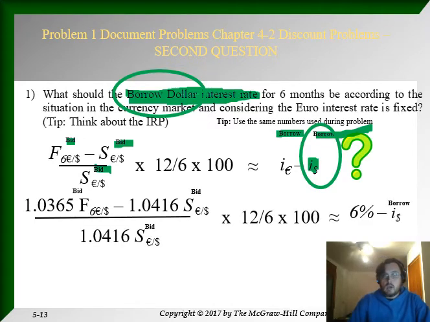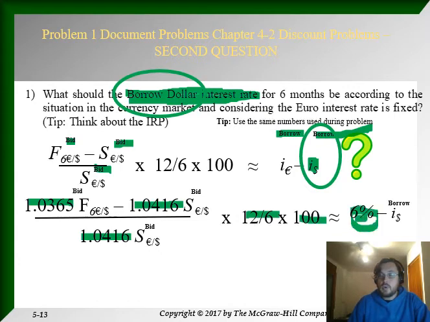Solve for the borrow dollar interest rate. The spot that we have used is 12 over 600, 6% is the interest rate to borrow in Europe, and then we need to solve for the interest rate in dollars. We do some calculations here.